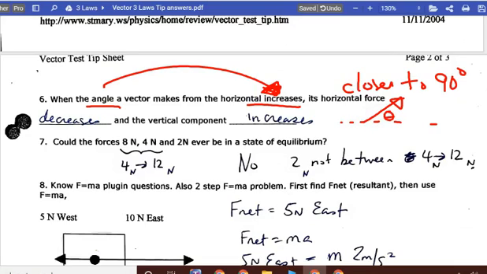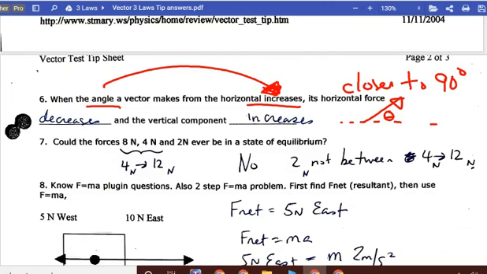The horizontal dotted line. Angles are measured from the horizontal dotted line, so as the angle increases, the vector gets more vertical and less horizontal. Good.